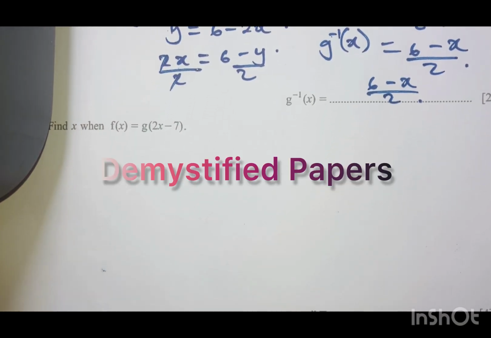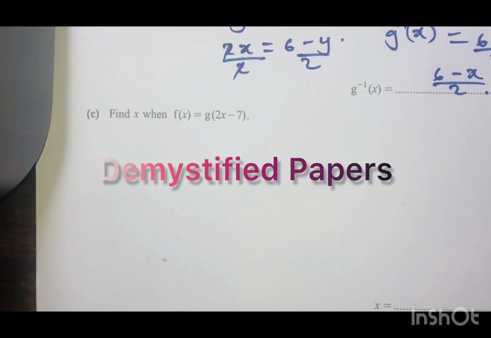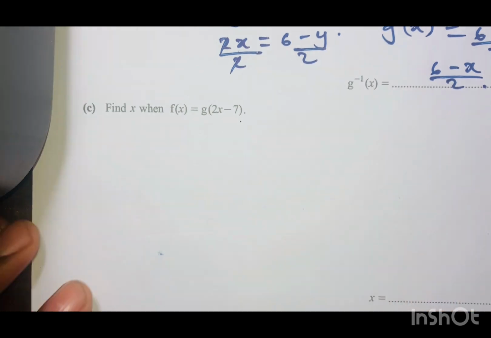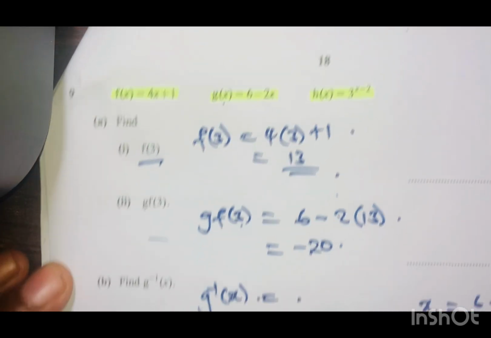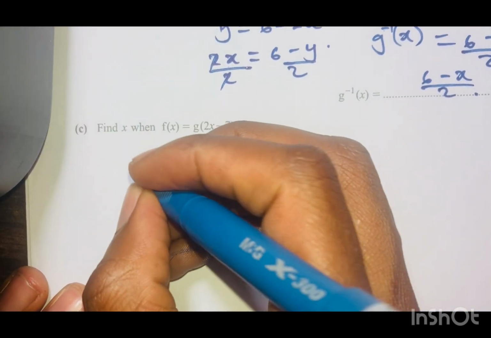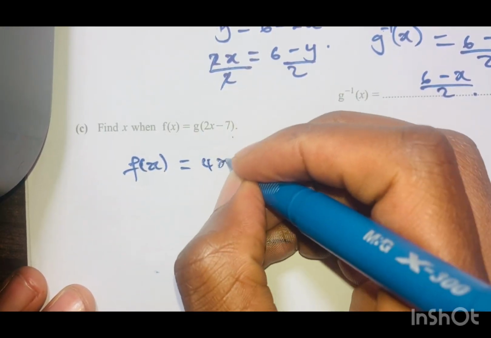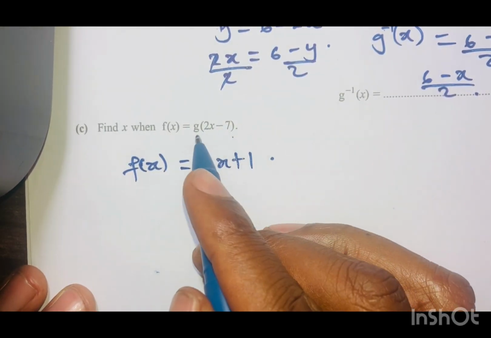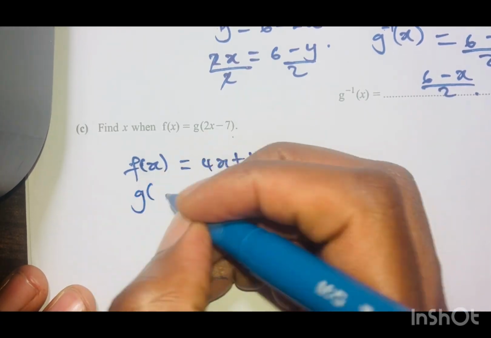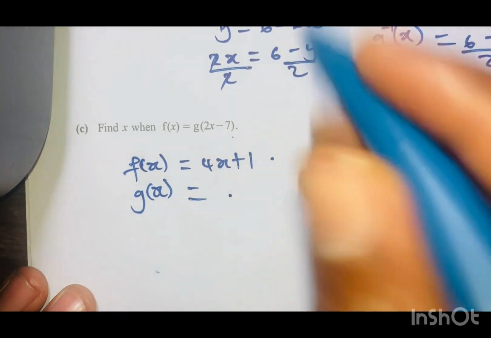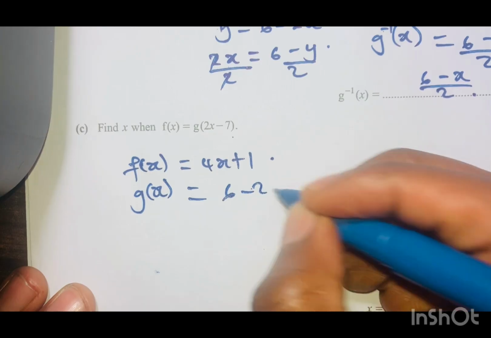Then we get to the next one, which is find x when f of x is equivalent to that. So f of x is 4x plus 1, and g of x is equivalent to 6 minus 2x.